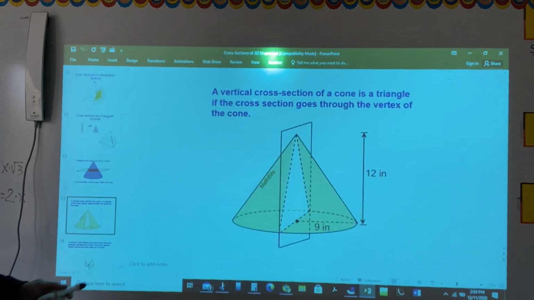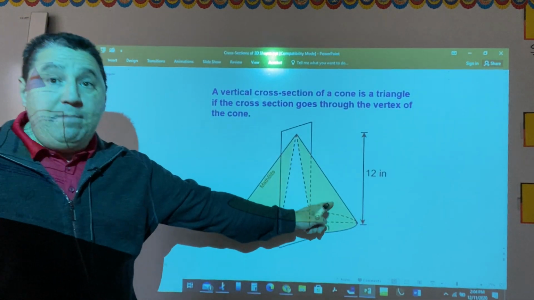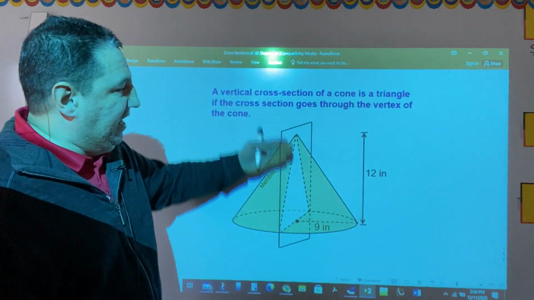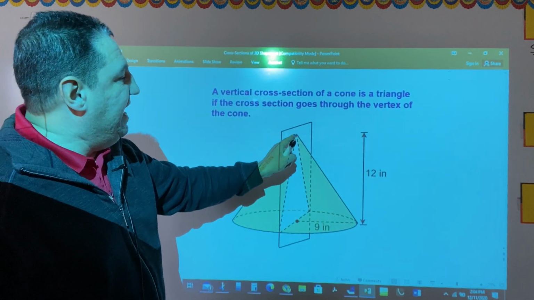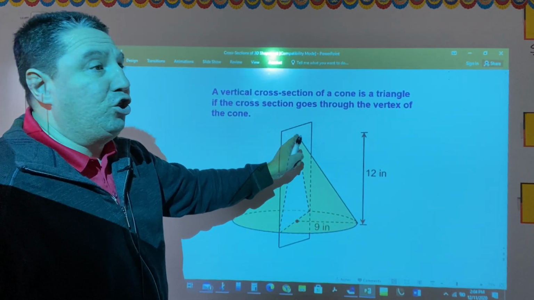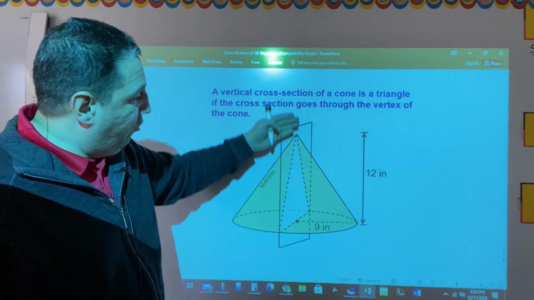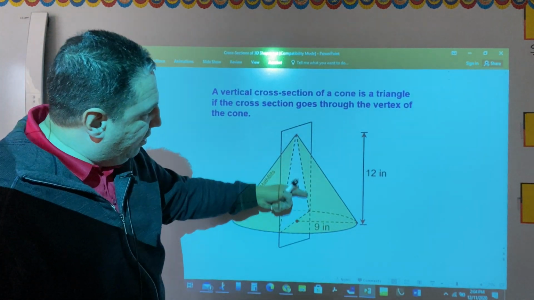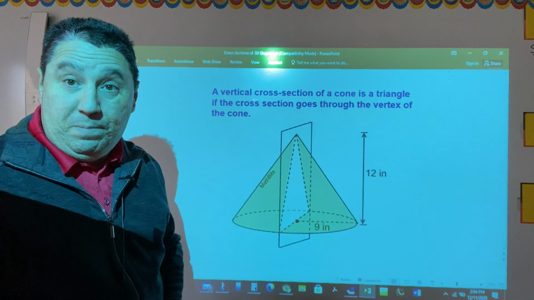But if we cut the same cone vertically with a vertical plane that passes through its apex, the resulting cross section would be a triangle.